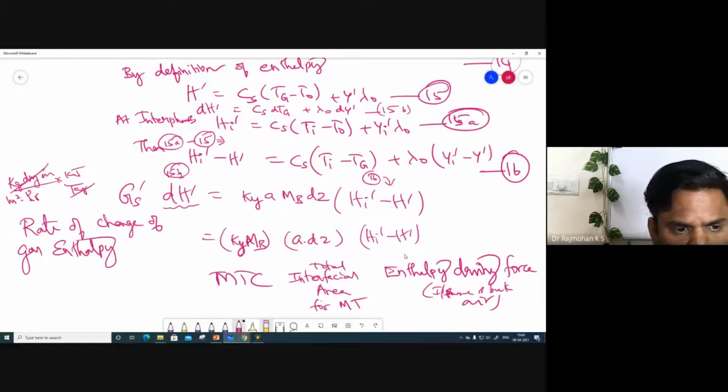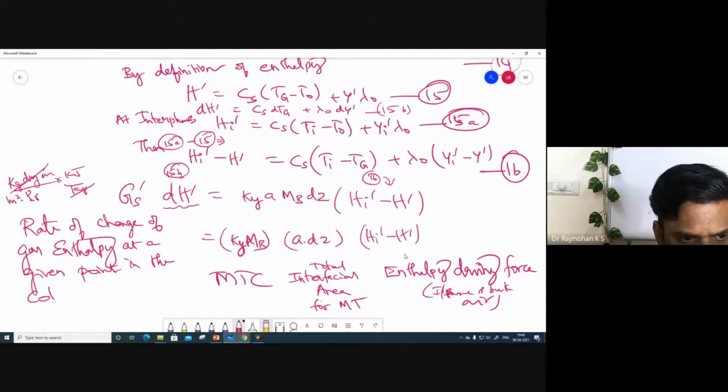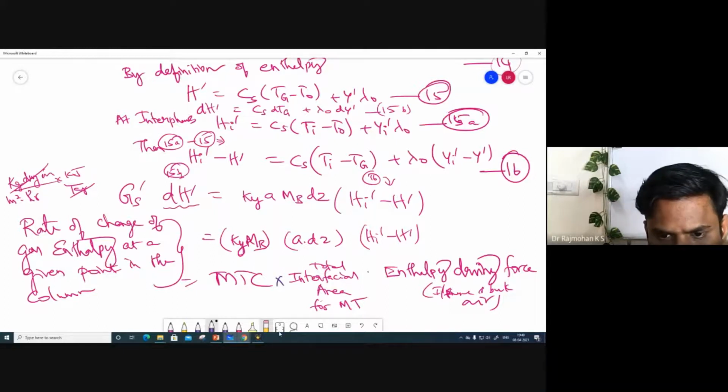So that's the rate of change of gas enthalpy at any given point in the column, which is the product of the mass transfer coefficient, into the total interfacial area for mass transfer, into the enthalpy driving force between the interface and the bulk of the air.